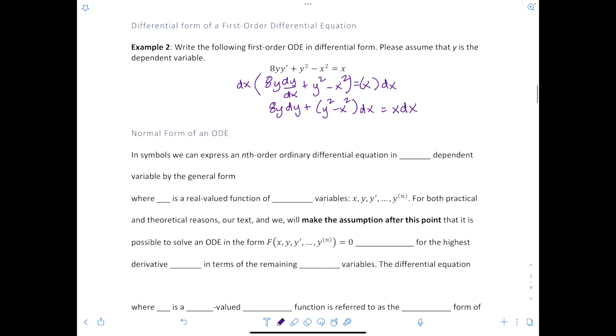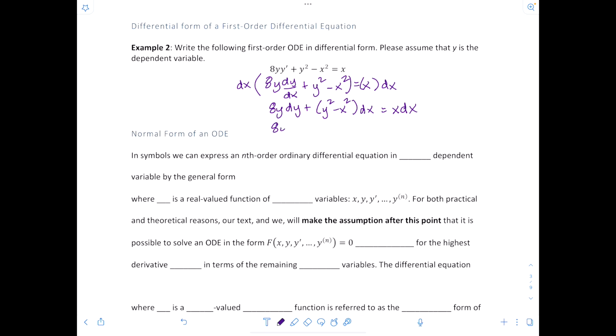And then prettying it up a bit, we could say 8y dy plus (y squared minus x squared minus x) dx is equal to 0.